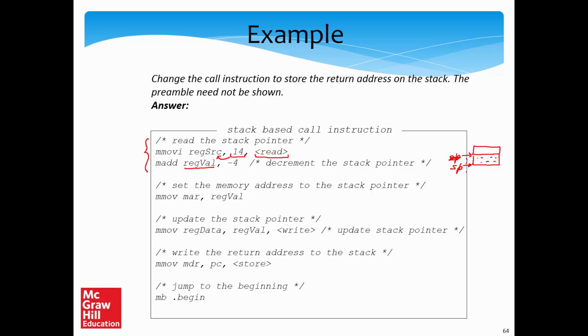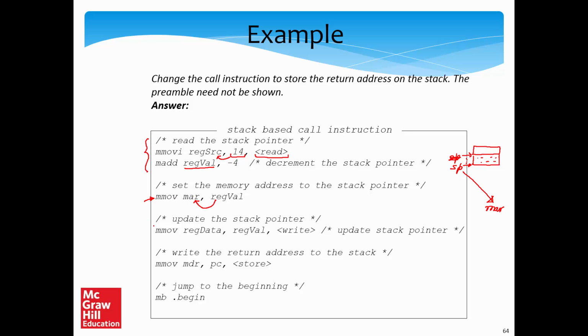Simultaneously, since we need to store something over here, we send this to the MAR, the memory address register micro register, using a simple mmove call. So we send the updated value of the stack pointer, which is the old SP -4, to the MAR micro register using an mmove instruction. This will be required when we store the return address.